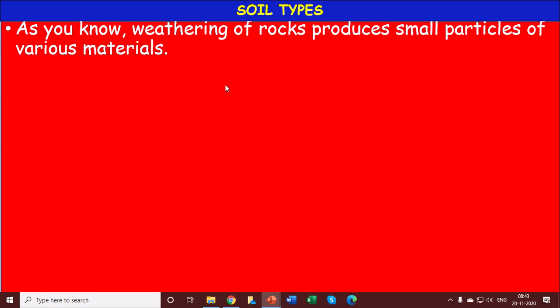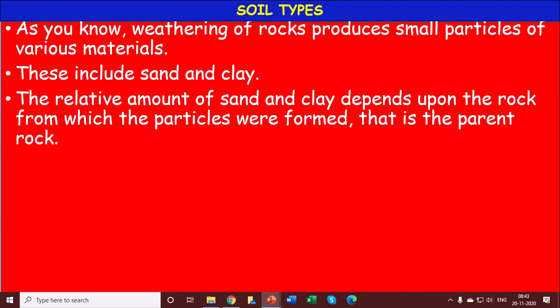As you know, the weathering of rocks produces small particles of various materials. These include sand and clay. The relative amount of sand and clay depends upon the rocks from which the particles were formed.